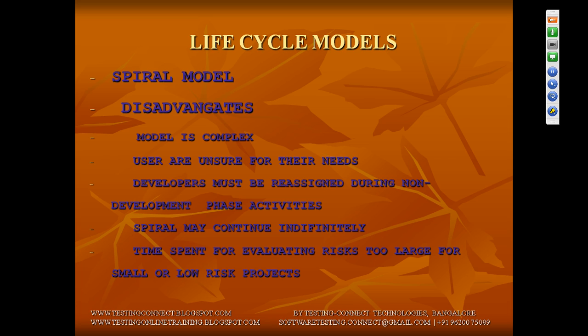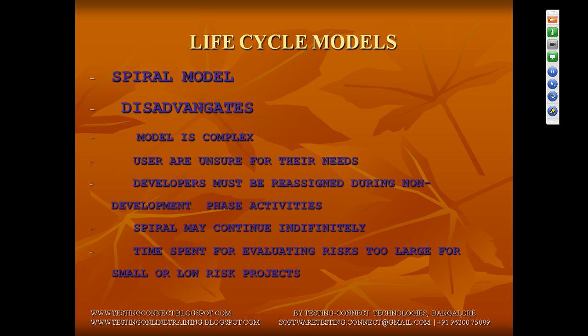Developers must be reassigned, that means repetitive tasks need to be done again and again. Spiral may continue indefinitely, it may continue forever. Time spent evaluating risks is too large, even for a small project. So it may take too much time for delivery, and with so many phases, you may face many issues.